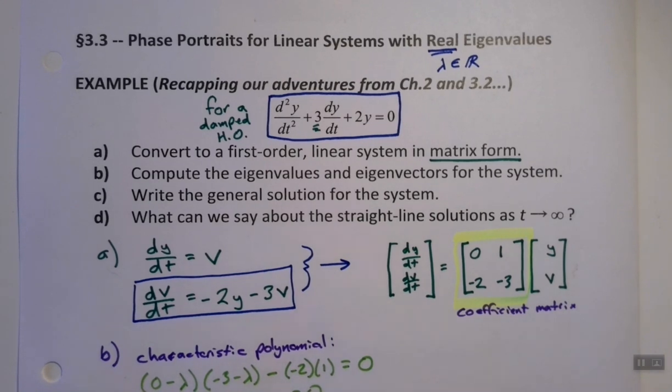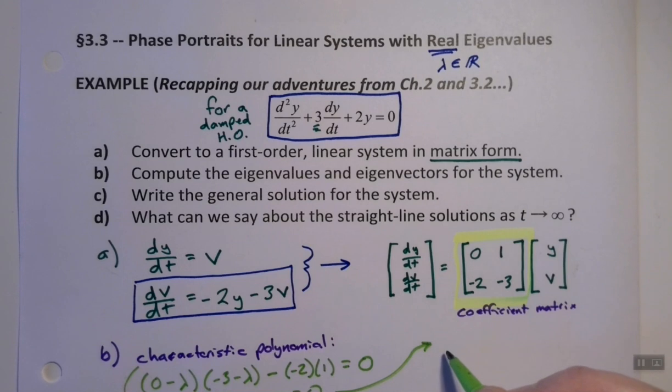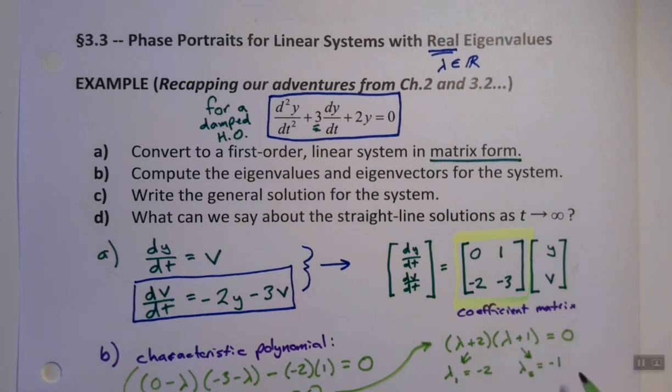And this thing, it just so happens, does factor. We can rewrite it as lambda plus 2 times lambda plus 1, and that's equal to 0. And the only way that can happen is if we have two possible values. Lambda 1, we'll call it, is equal to negative 2. And the other one, lambda 2, is equal to negative 1.